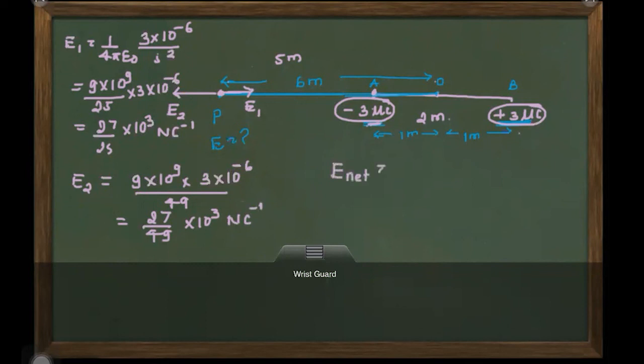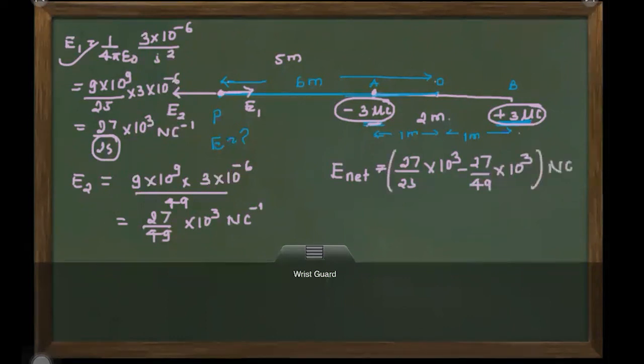Which one will be bigger? This one will be, because its denominator is smaller. So E net is equal to 27 by 25 into 10 raised to power 3 minus 27 upon 49 into 10 raised to power 3. What will be the numerical value? Unit will be Newton per coulomb. This is the answer. So that's all for today's class.